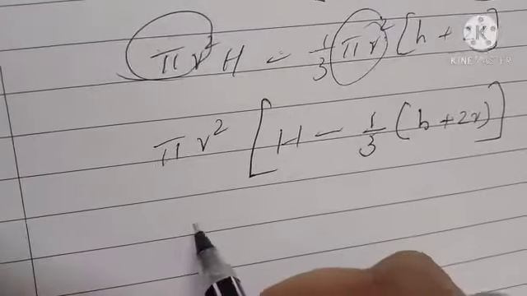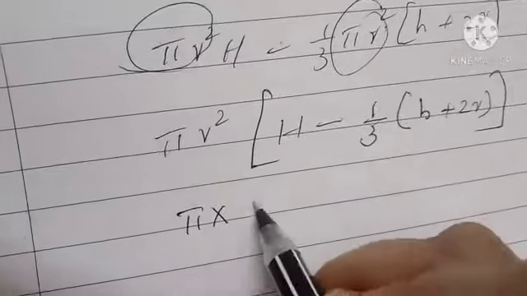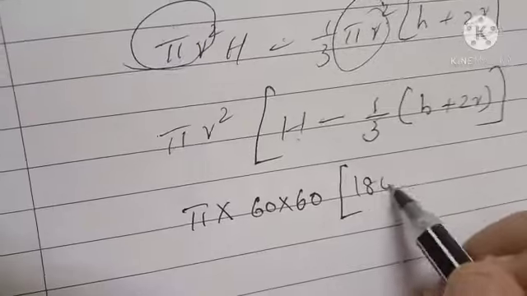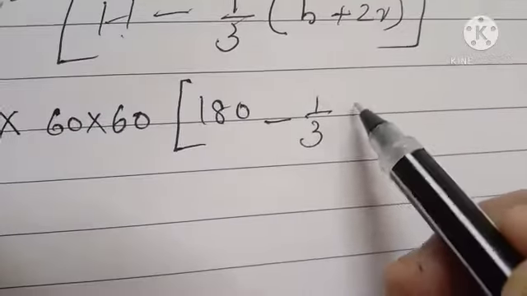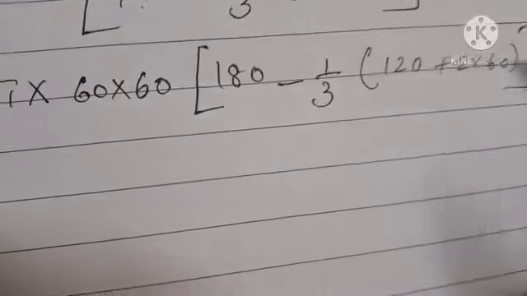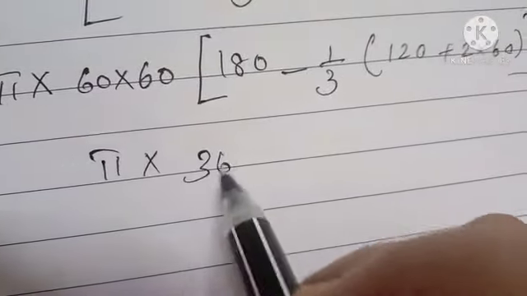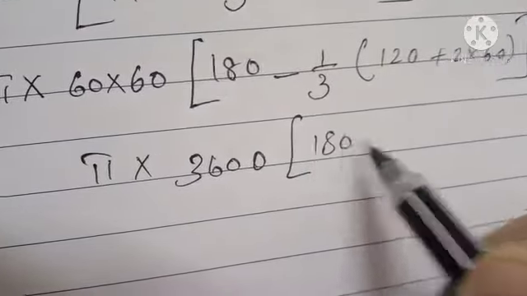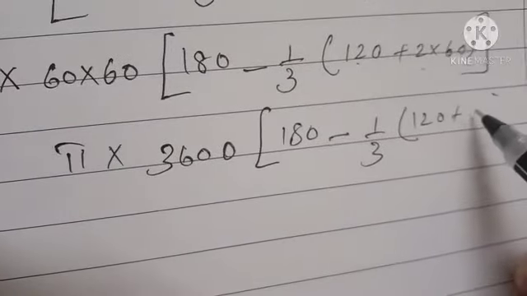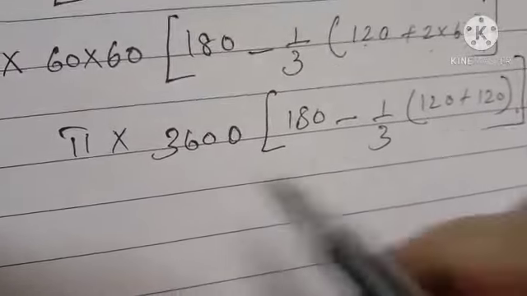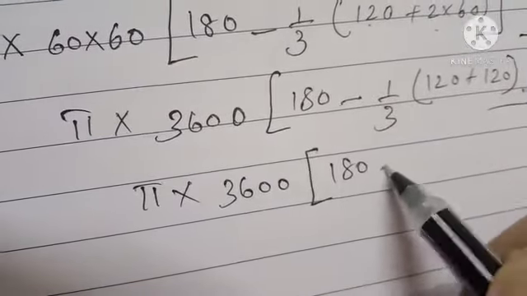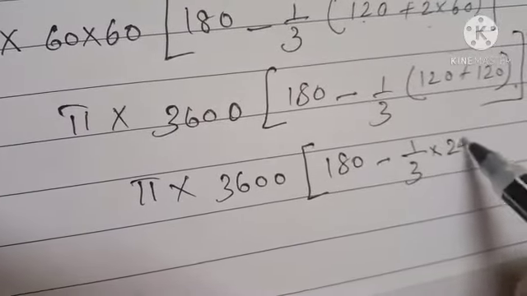Then we substitute the values. Pi into r square, that is 60 into 60, capital H is 180 centimeters, minus 1 by 3 into h is 120 plus 2 into 60. Then pi into 3600 into 180 minus 1 by 3 into 240.